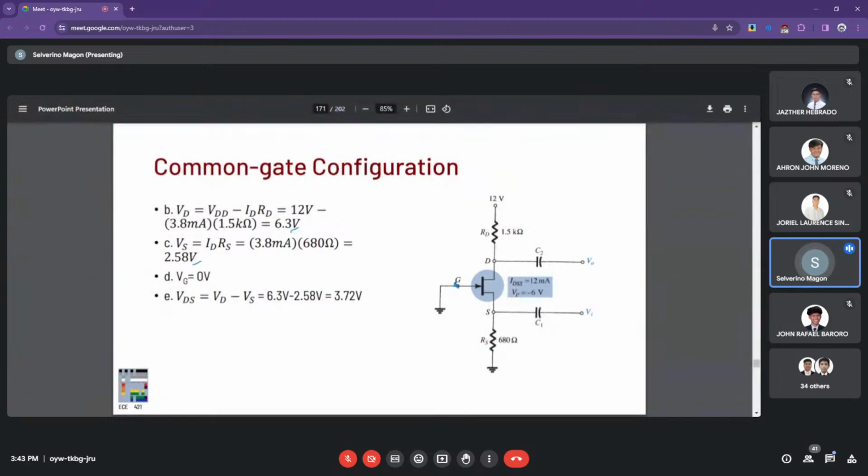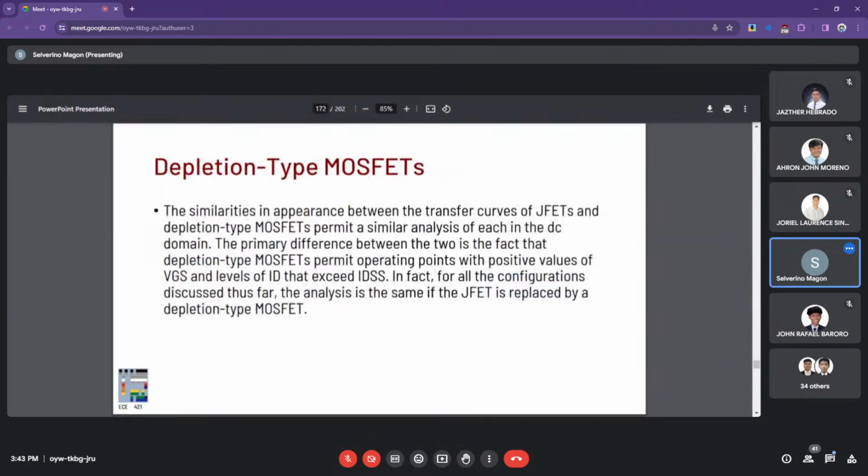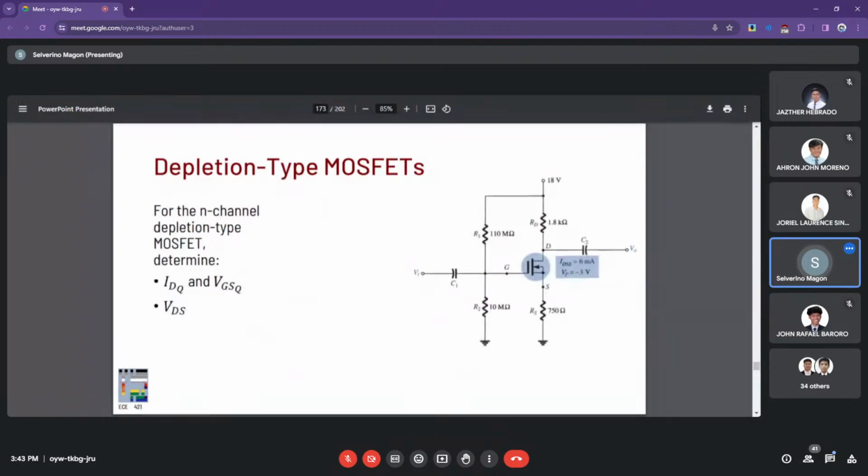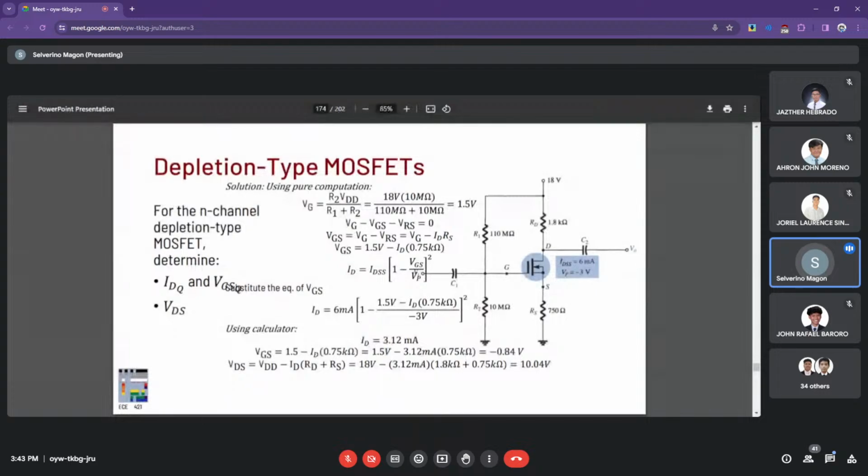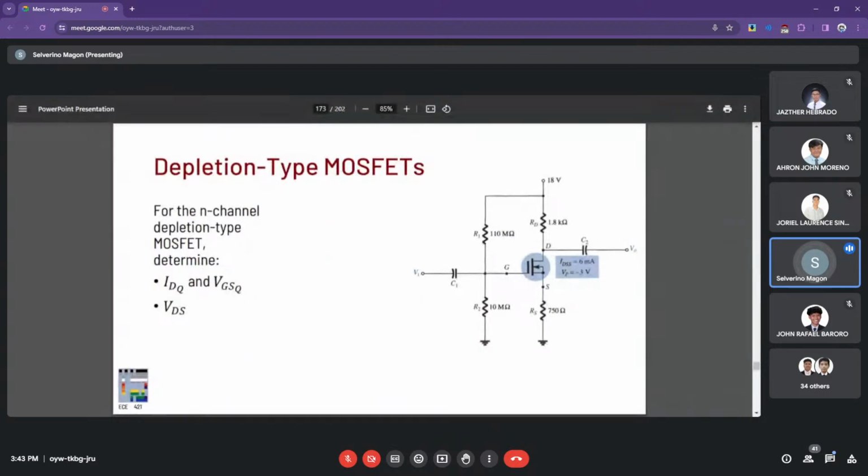FET's configurations. Now we can move on to MOSFETs, and we'll work first with the depletion type, where the calculations are very much similar to our FETs. Right, so for this case, we have the voltage divider bias.